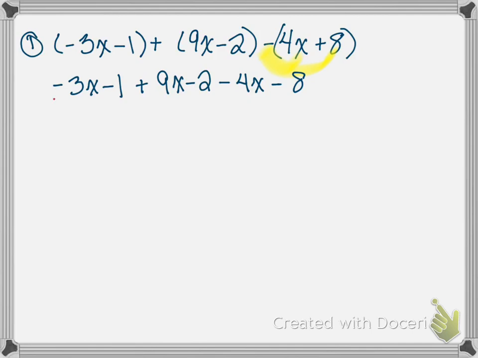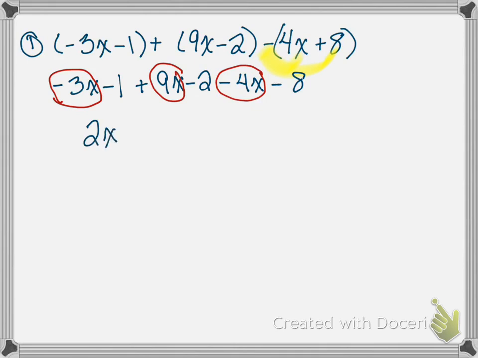So we've got negative 3x, then we have positive 9x, and then we have negative 4x. So those all together, negative 3x and 9x is positive 6x. Positive 6x and negative 4x is going to leave me with positive 2x.